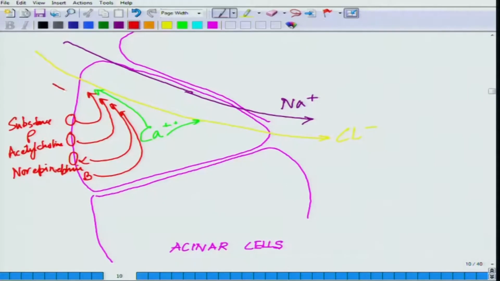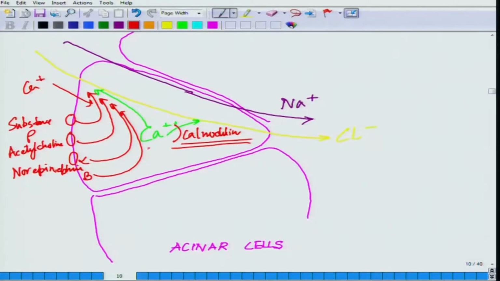They play a significant role in the entry of calcium, and once the calcium enters into the game, calcium in a calmodulin dependent manner stimulates the chloride channels to be opened, and this calcium further gets activated by the cyclic AMP.